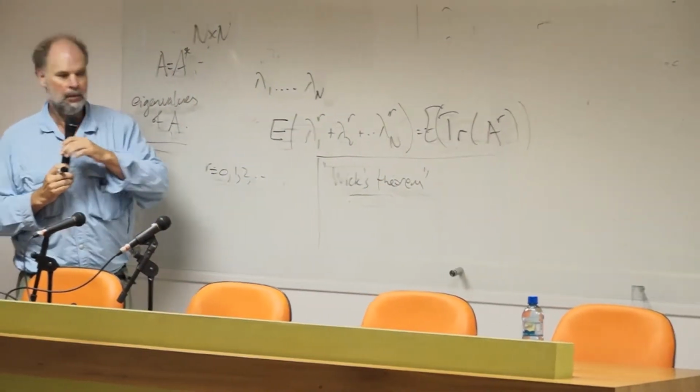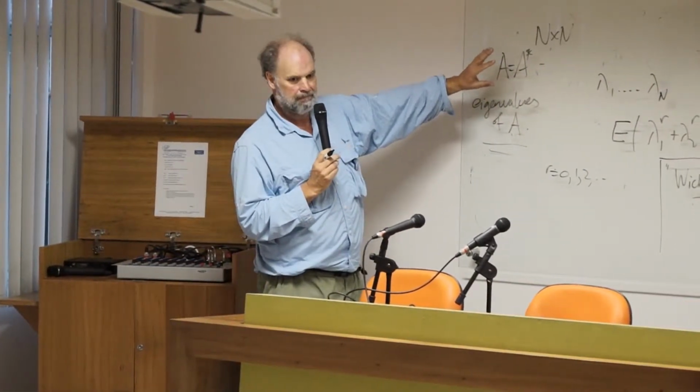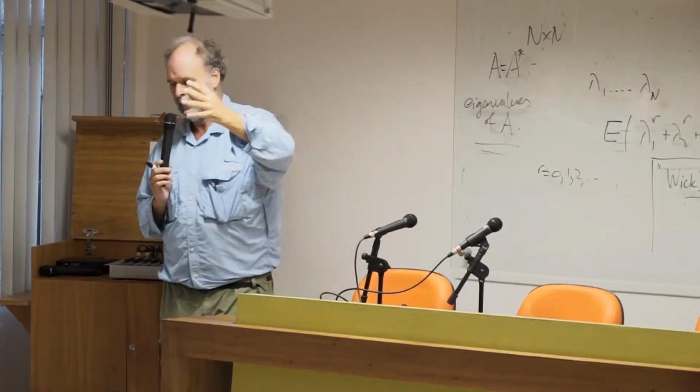To be precise, I'm going to assume that these self-adjoint matrices have entries that are independent Gaussian random variables.